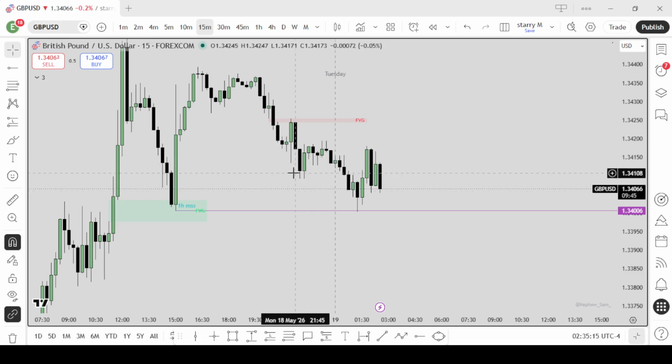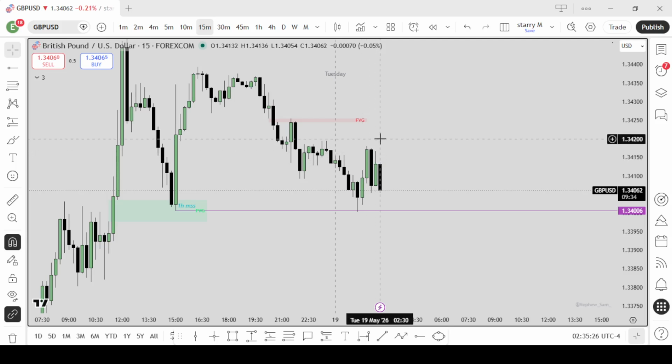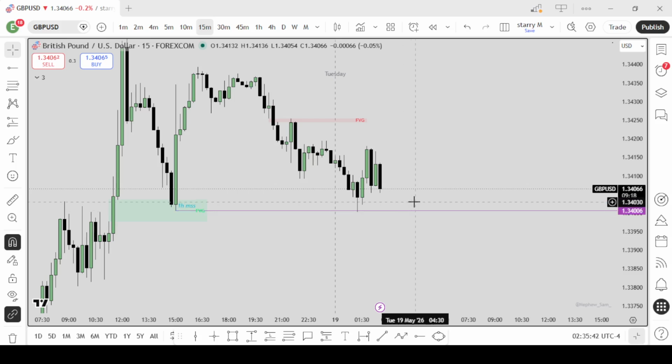If it goes above this high with a fair value gap, that will be bullish, and I'll be looking for buys. But if it goes down and makes a market structure shift, below this low that has been formed, I am going to start selling. I'm going to look for sales.